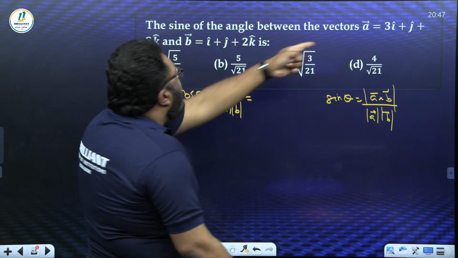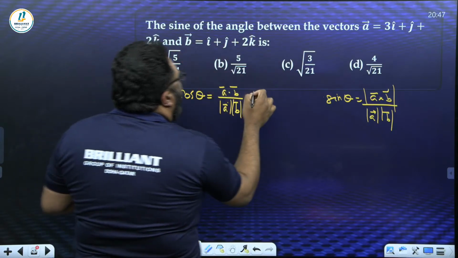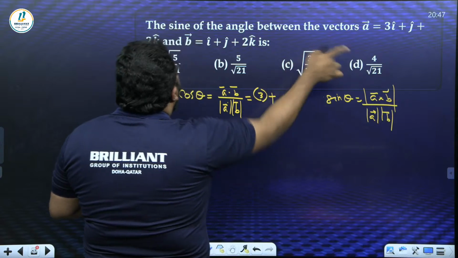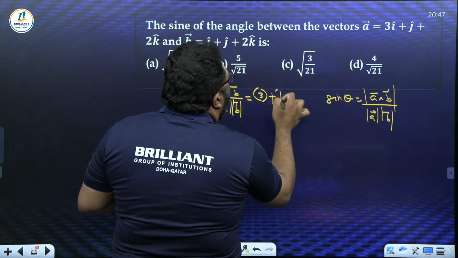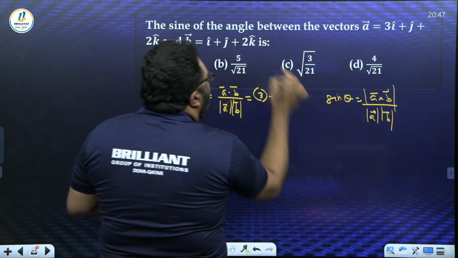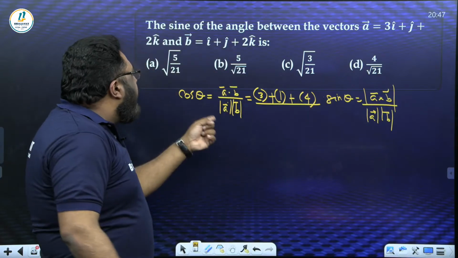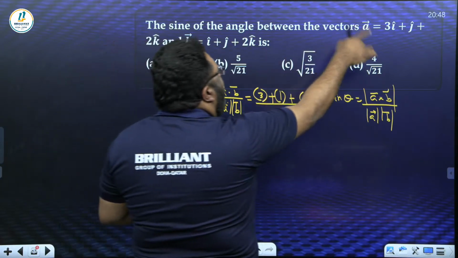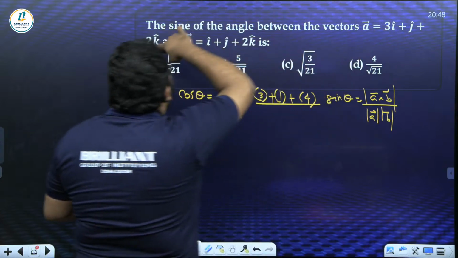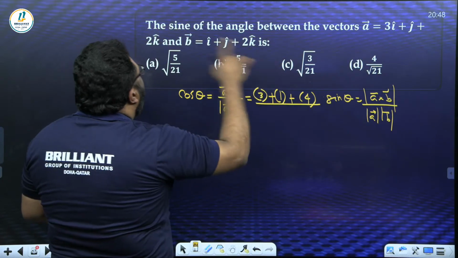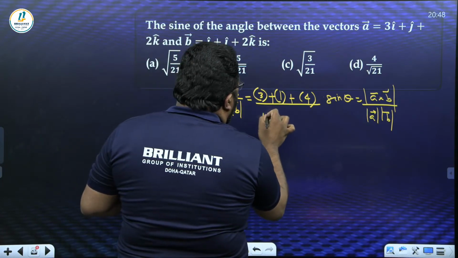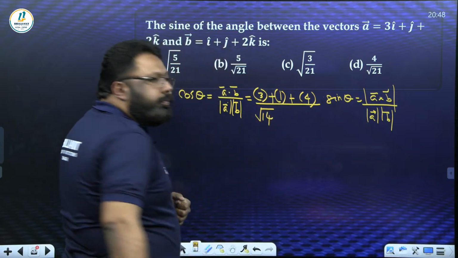A dot B: between the two vectors, 3 and 1 is 3, 1 and 1 is 1, and 2 and 2 is 4. Divided by the magnitude of A: 3 squared is 9, 1 squared is 1, 2 squared is 4, 9 plus 1 is 10, 10 plus 4 is 14, square root of 14.